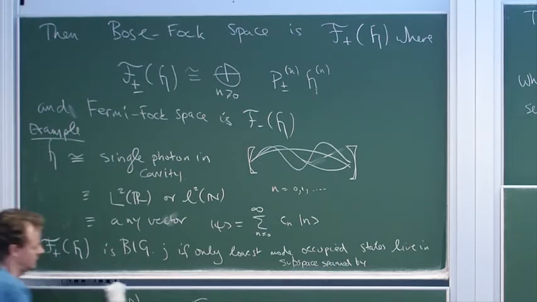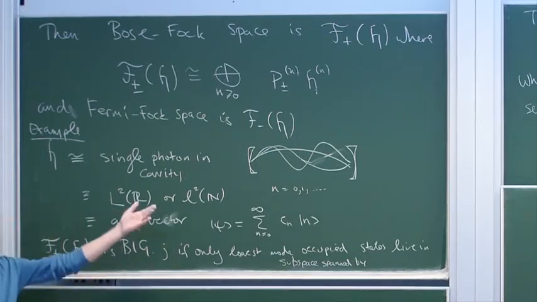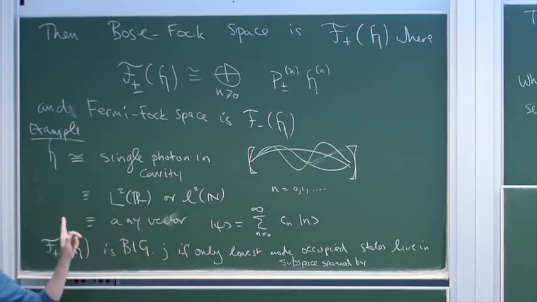So if your photons are restricted to the lowest mode, you still have an indefinite possible number of photons in that single mode. There's only one mode here.